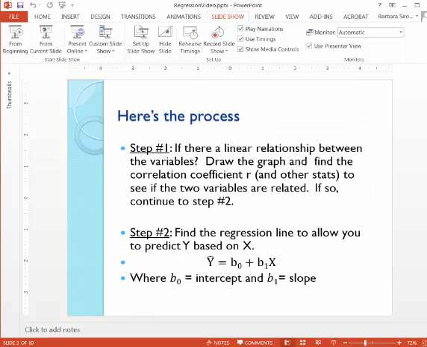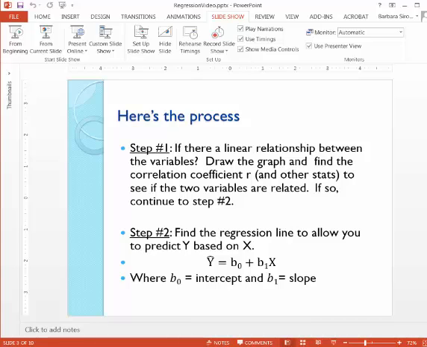So here's the basic process that I tend to use. It's a two-step process. First, I look to see, is there a linear relationship between the two variables? The way I determine that is by looking at a graph called a scatter diagram, and I look at statistics such as the correlation coefficient and coefficient of determination and some other things to see if they are related. If they are, then I can continue to step number 2, which is the predicting.